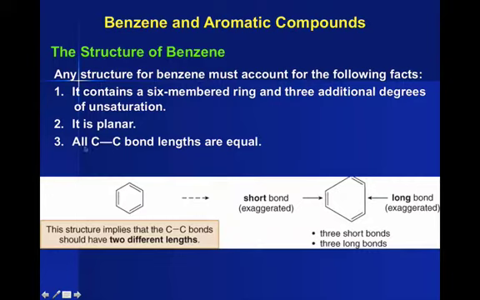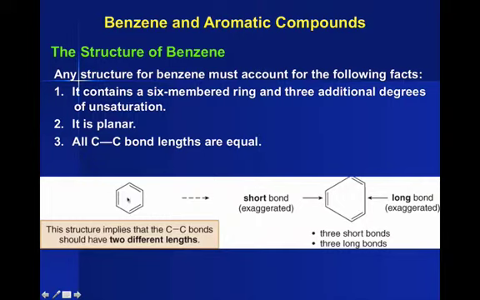However, when we look at benzene spectroscopically, we find that all the carbon-carbon bonds are actually of equal length. And the way that we can account for that is through the different resonance structures that we can draw.